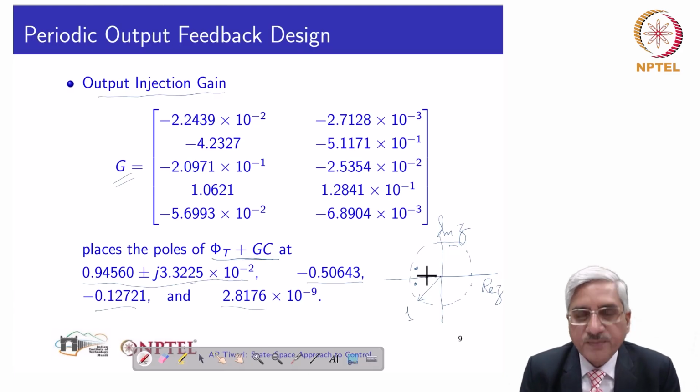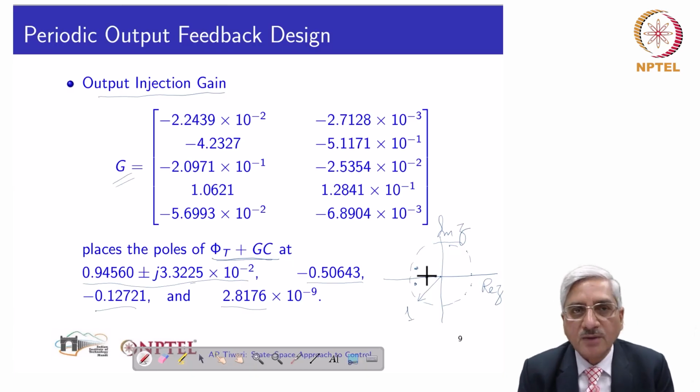Another factor in my mind while selecting these pole locations was that the resulting G should not have very large elements, because if G has large elements, then the periodic output feedback gain K will also probably have large elements, and large elements will drive the controller to saturation, as we know.